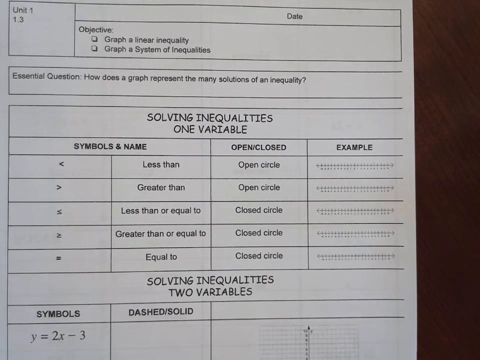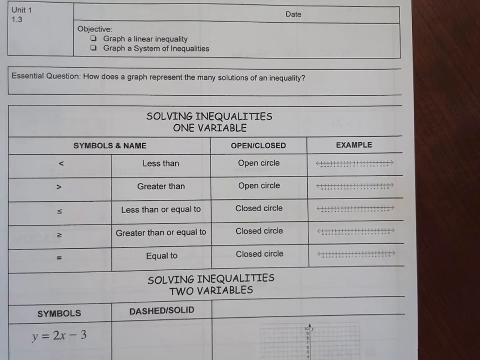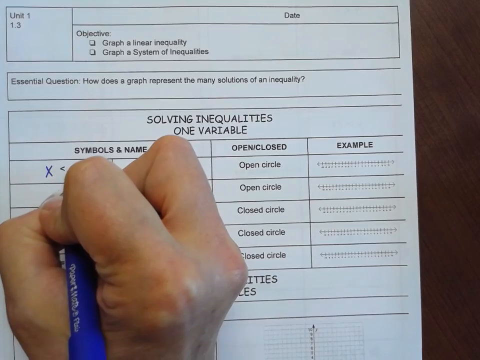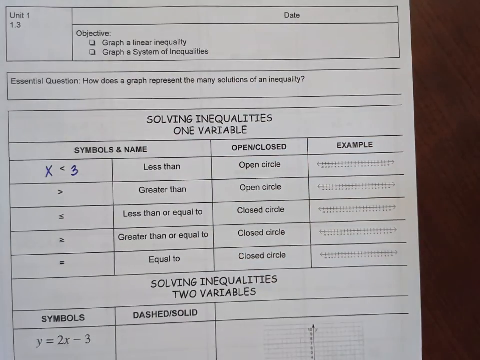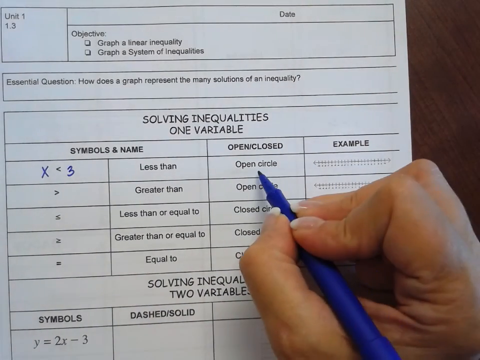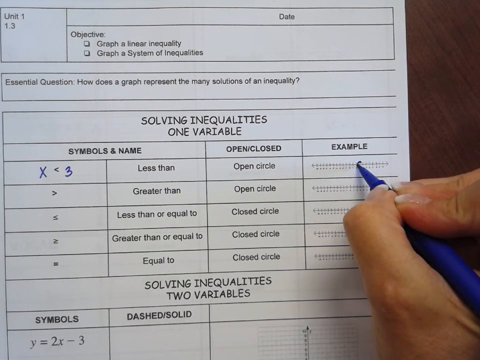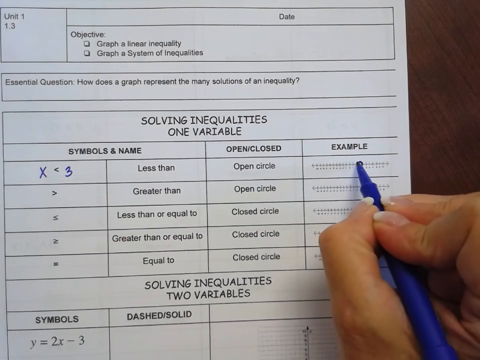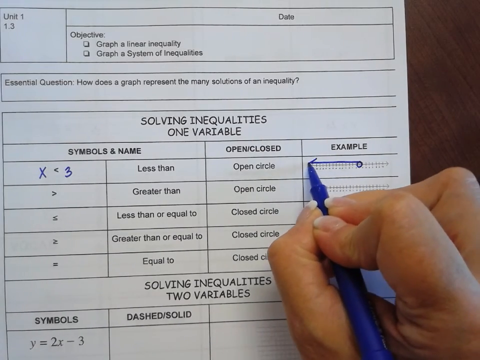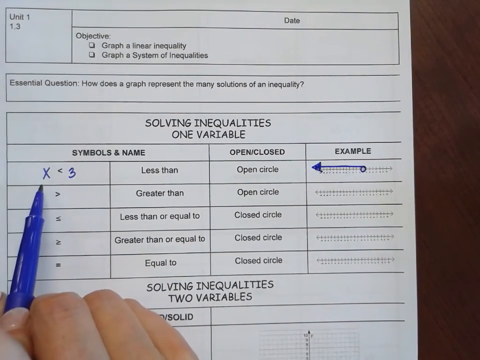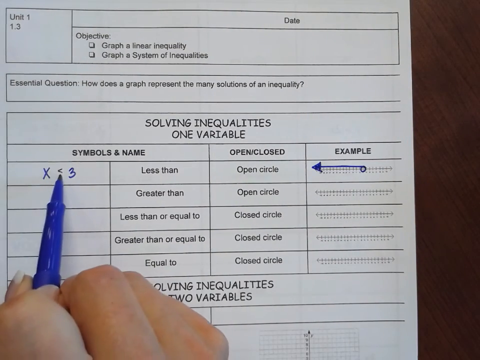What grade? Sixth. Might have been 5th or 6th. When you have one variable, like if you have x is less than 3, it's an open circle on the 3, and the arrow goes in the same direction as your symbol.